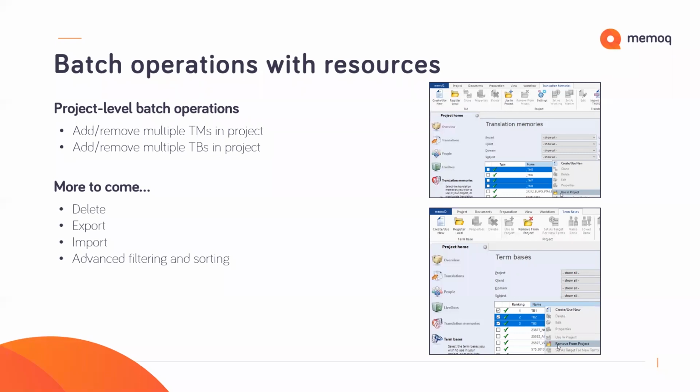But basically what it means is that you can just use Control and click or Control Shift, and then select multiple resources, translation memories or term bases, and you can add them to the project. The same way you can remove multiple TMs or term bases from a project, basically using the other command, remove from project, as you would normally do with a single resource. So that's what's new in 9.3.